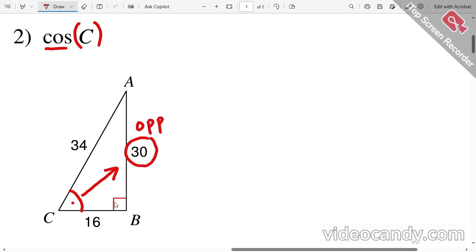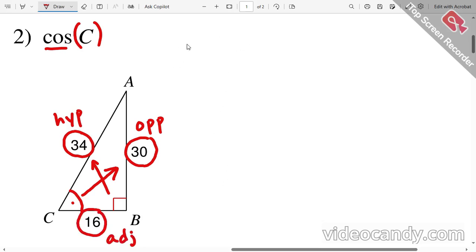Go across from the right angle to the side, and that side length is your hypotenuse. The remaining side, the one that's left over, is going to be your adjacent.